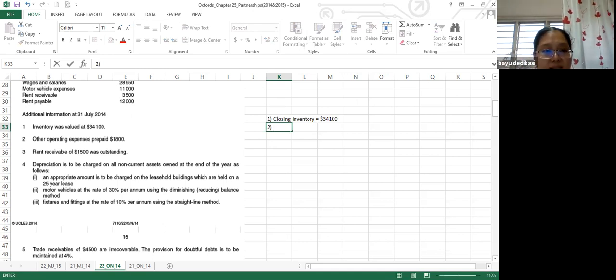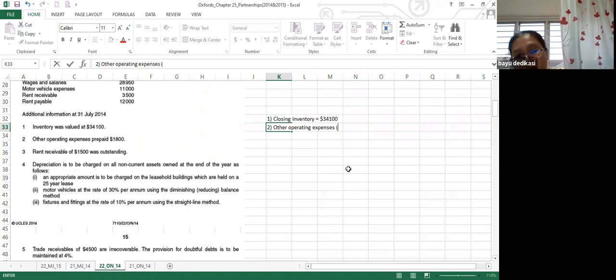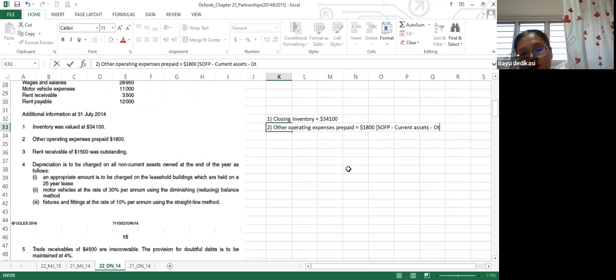Okay, the next one, number two. Other operating expenses prepaid. When you see prepaid, you have to minus. So this amount, 1,008, will appear in your statement of financial position under the current asset, under other receivable.